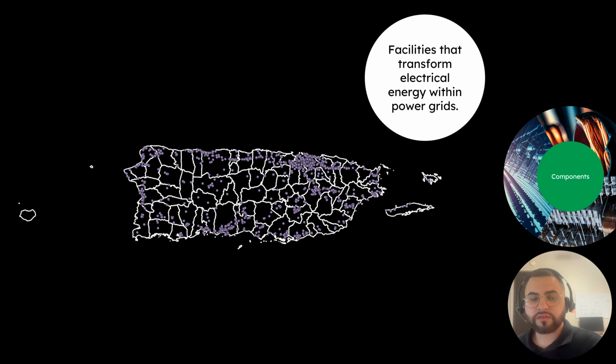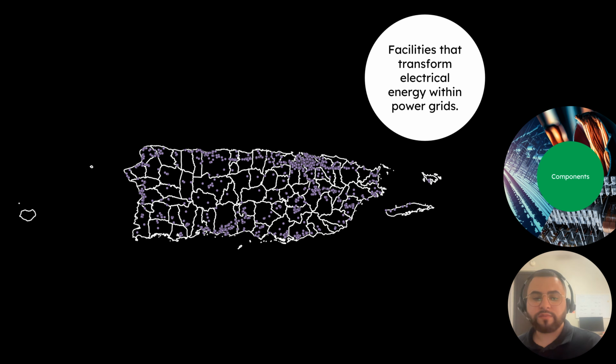Within a substation, a myriad of devices is deployed to effectively execute the voltage transformation. This equipment encompasses transformers, relays, potential transformers, current transformers, and more. Each plays a distinctive role, ensuring the smooth and efficient operation of the utility system.